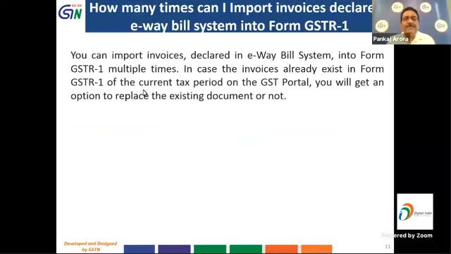You can use it multiple times, but in case the invoice already exists in form GSTR1 of the current tax period, you will get an option to replace the existing document or not. If you proceed, the imported details will be overwritten over the existing details.